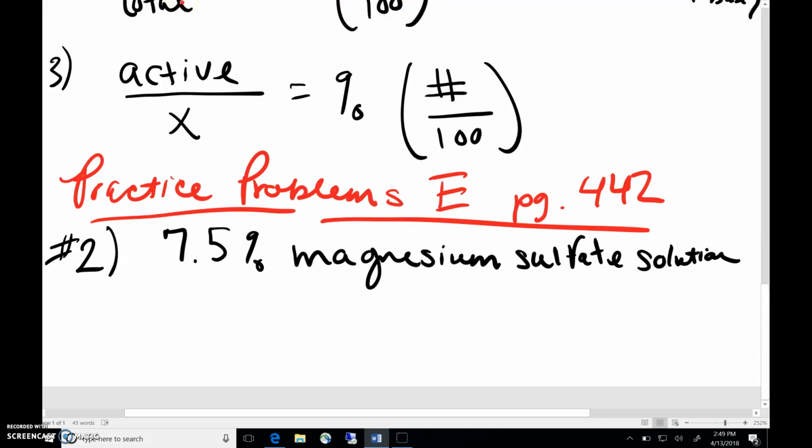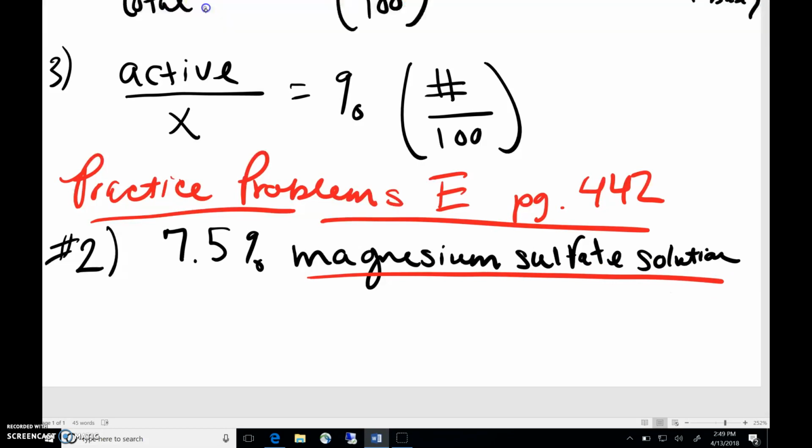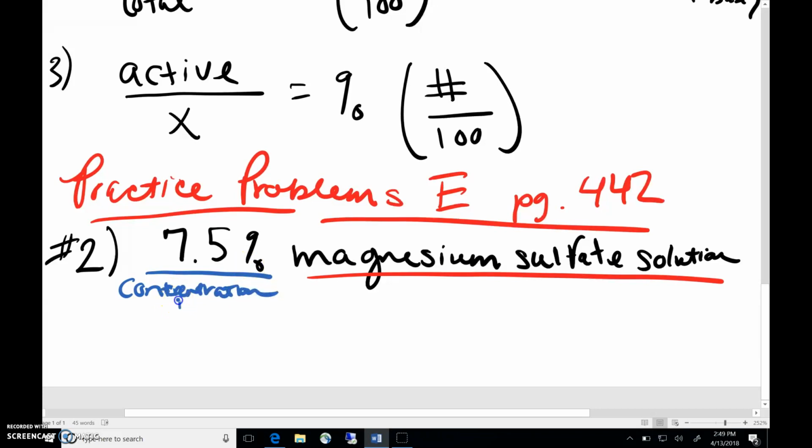The name of the medication: we know the name of the medication is magnesium sulfate solution. The concentration of the medication, we know for it to be 7.5%. The concentration of this medication is 7.5%.